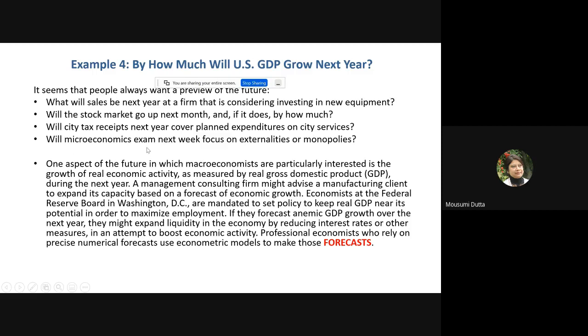Will the microeconomics exam next week focus on externalities or monopolies? Okay, so all these kinds of questions: on the basis of past experience, what can be the future? Econometrics gives us several tools and techniques so that our prediction or forecasting for the future will be good or will be better.